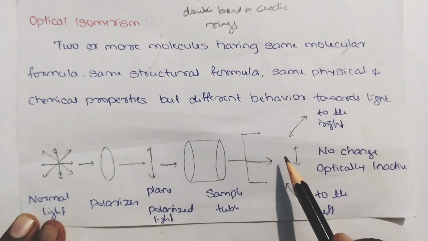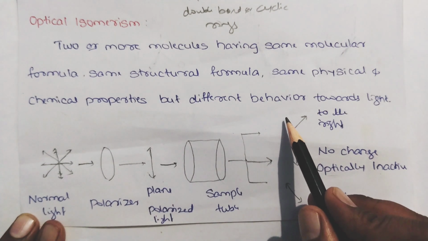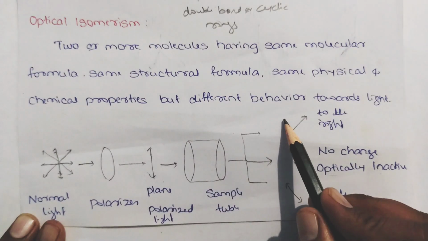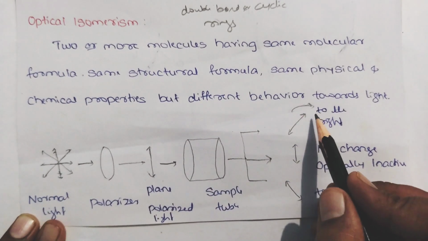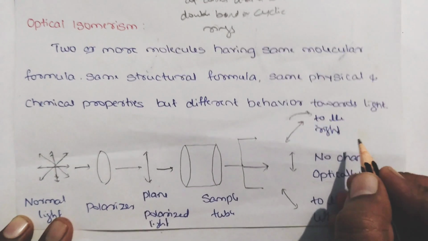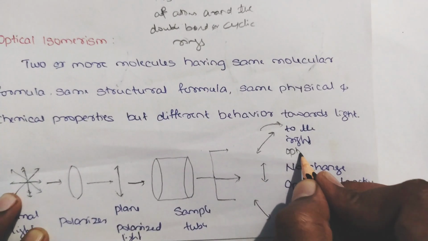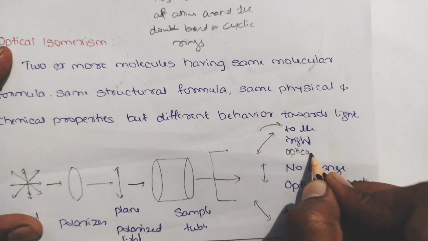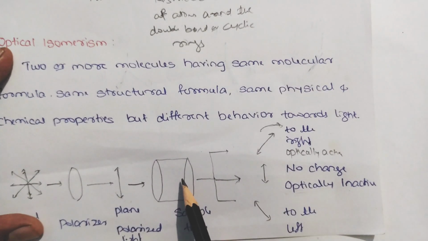These isomers are called optical isomers. If the light is rotating to the right side after passing through the sample, these types of molecules are called dextrorotatory. This is also optically active because the sample is rotating the light.